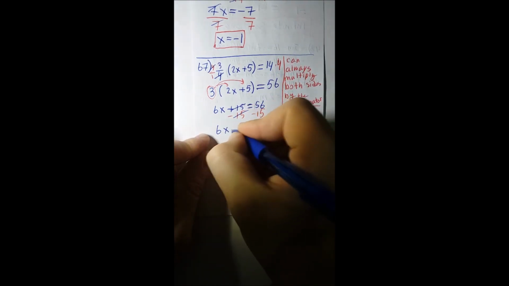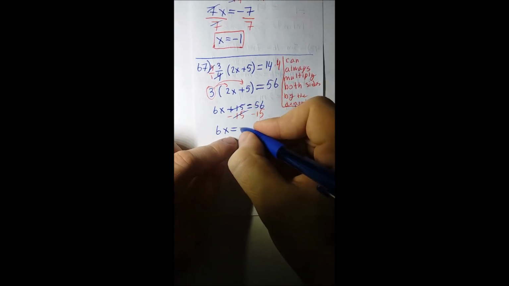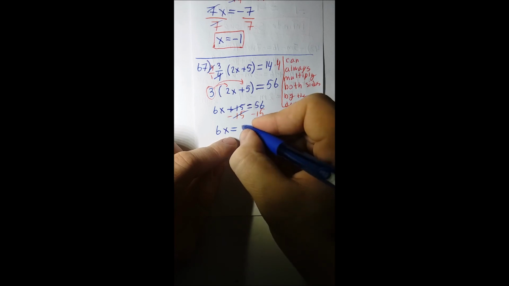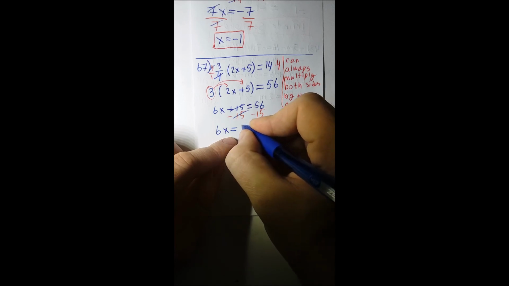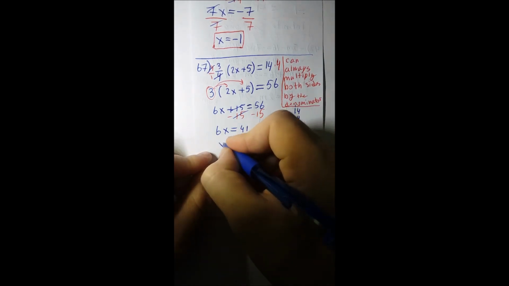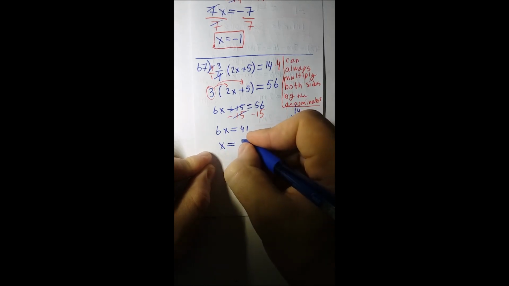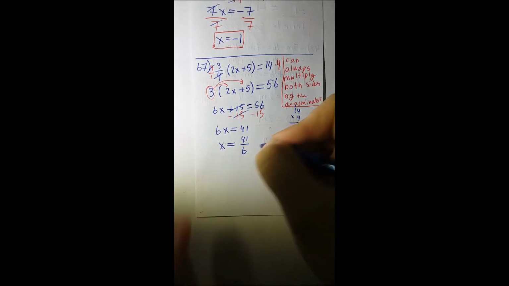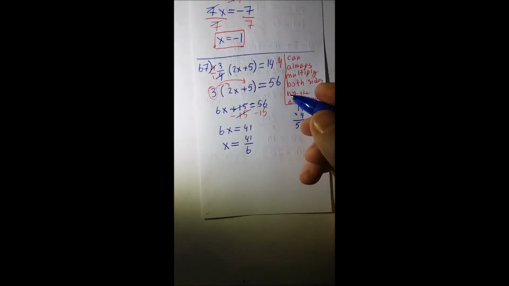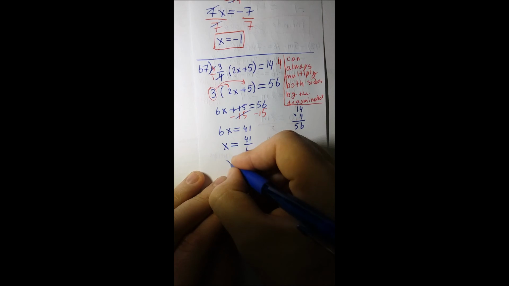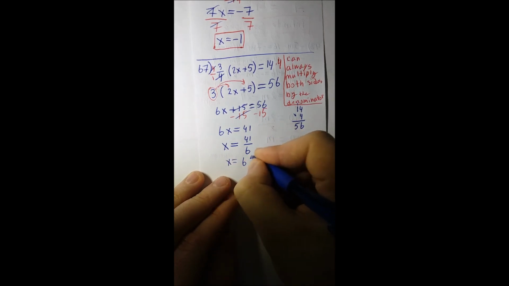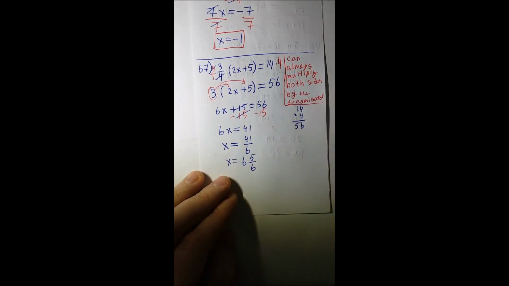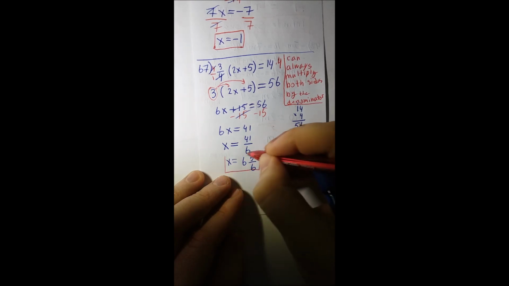So 6x equals 56 minus 15, which is 41. Okay, so x equals, we divided by 6 on both sides, so 41 over 6, or 6 and 5 over 6. Okay, that's your answer.